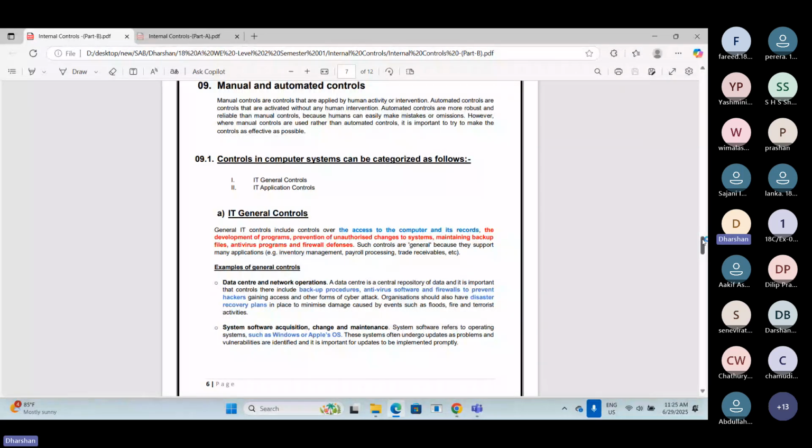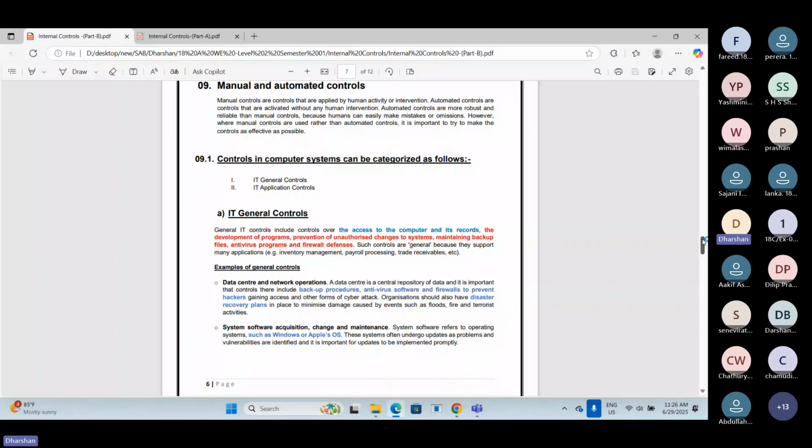We will go to IT general controls. The same idea you can apply from the organization's point of view. Organizations, in order to maintain their IT systems, will use some strategies. In other terms, they will use some controls. Those controls are Windows updates, antivirus updates, firewall implementation, a disaster recovery plan, and maintaining backups.